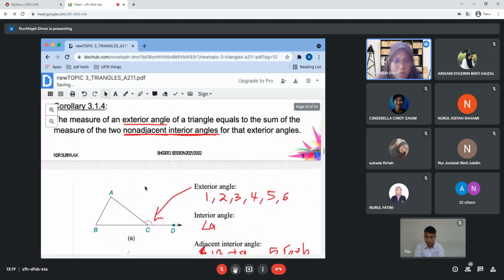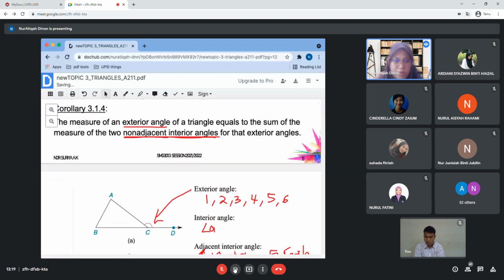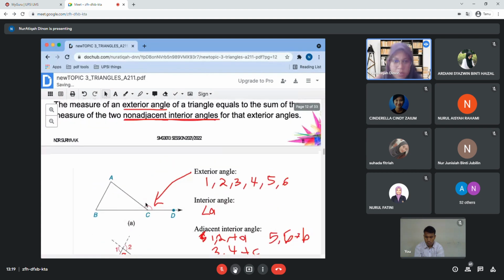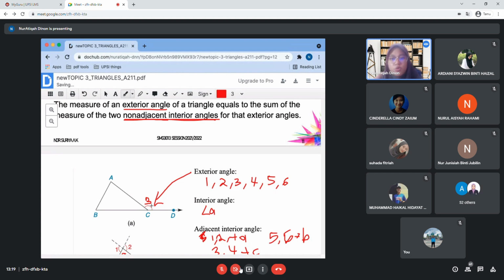But then the corollary ni say about the measure of an exterior angle. Let's say kita ambil exterior angle yang ni, which is number 3 here. So the measure of this exterior angle equals to the sum of the measure of the two non-adjacent interior angles.